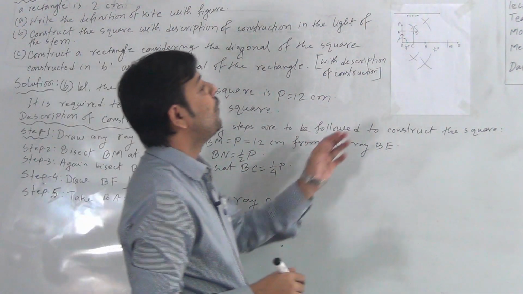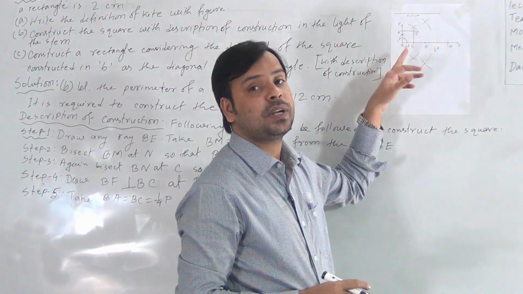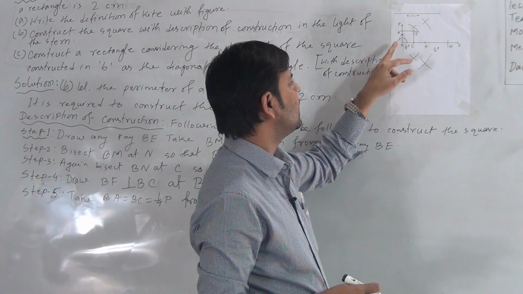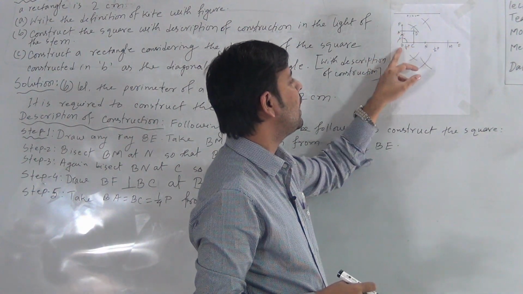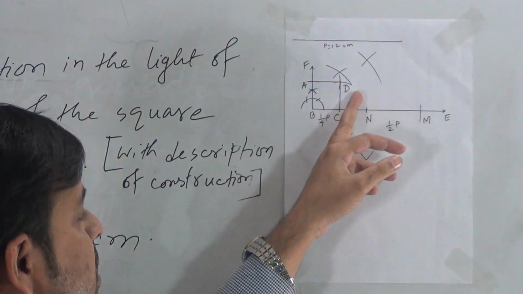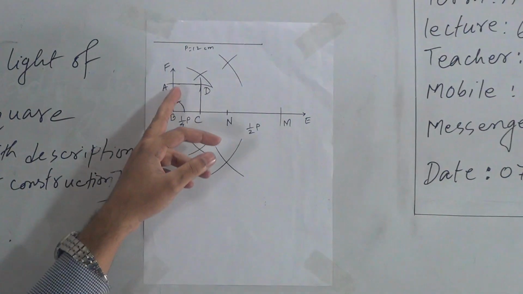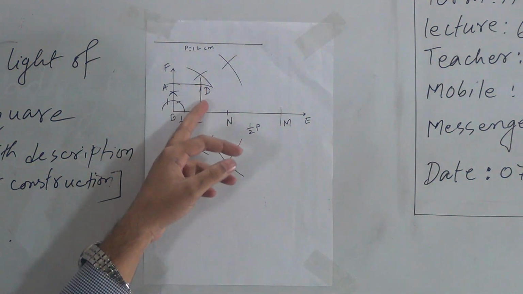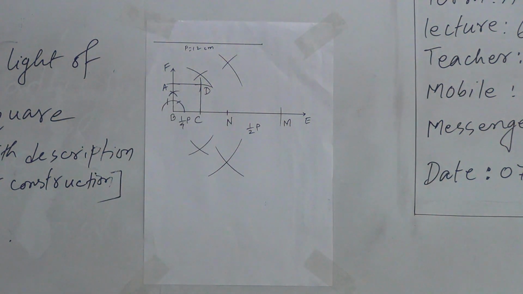Now we know 3 points of the square and we need to find out the another point. A, B, C, these 3 points are the points of the square. Now to find the last point, we have to take A as center and C as center, and we have to draw these two arcs. Step 6.